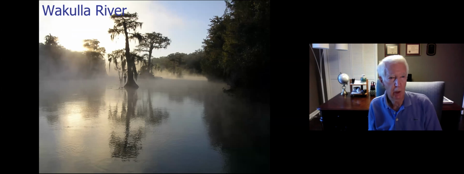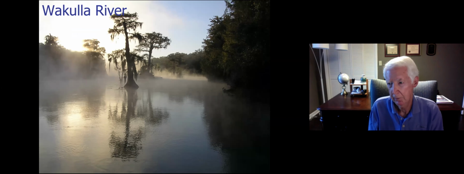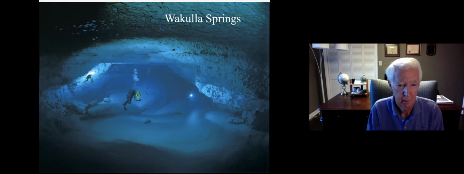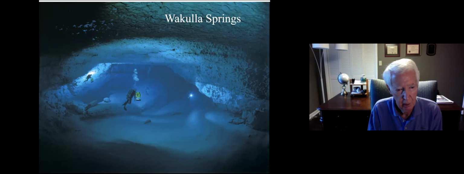So this is the Wakulla River. The source of the Wakulla River is Wakulla Springs. And the spring looks like this. It's an enormous cavern. It's a whole network of caverns that go down and interact with Spring Creek springs, which are submarine.